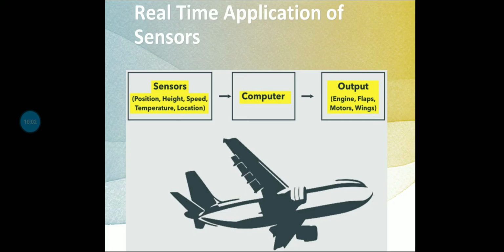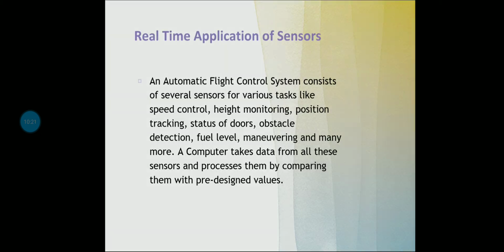Okay. So this is a real time application of sensors you are going to see on the screen. A sensor will sense position, height, speed, temperature, location. Okay, then we are going to process it. Then after processing, actuators like engine, flap, motor, wings act as output transducers.